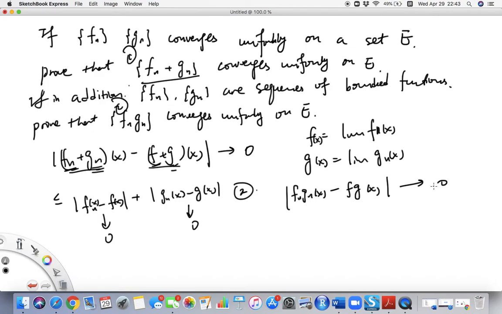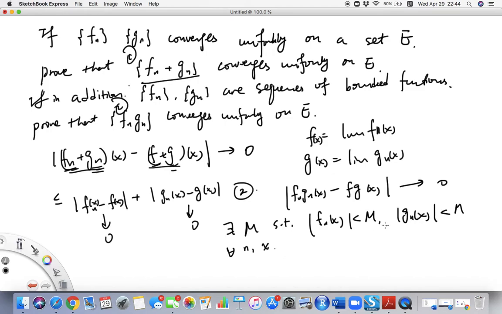Because fn and gn are both bounded functions and converge uniformly, by the previous problem, we know that the sequence is uniformly bounded. So there exists an m such that fn of x is less than m and gn of x is less than m for all n and x.